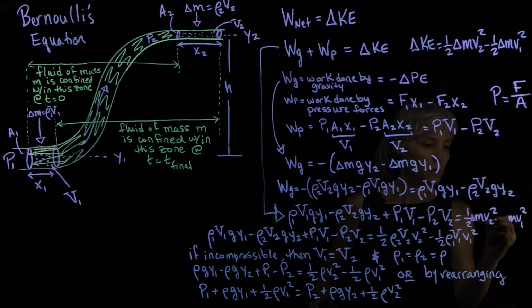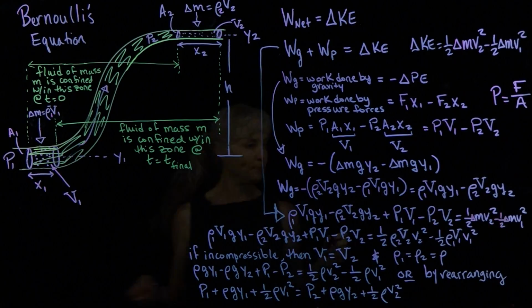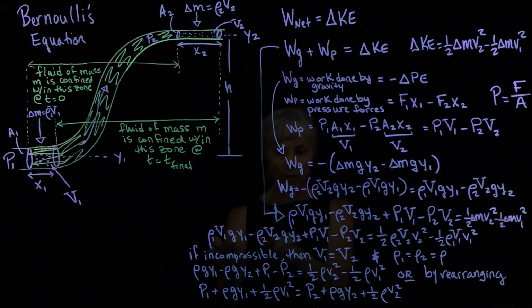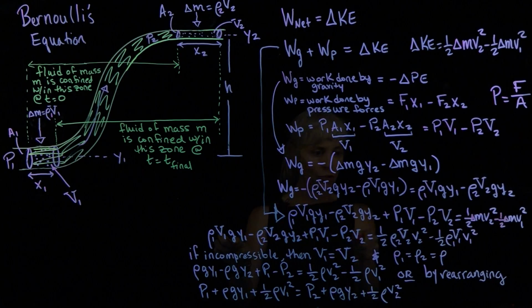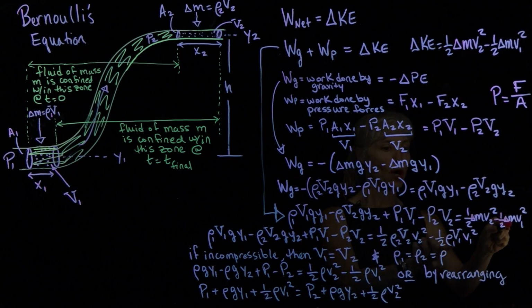So there's our equation. Now we're just going to rewrite it here. So notice that all these terms are the same. And now on the right-hand side, I'm just writing in delta m at location 2 as rho 2 V2, and delta m at location 1 as rho 1 V1.